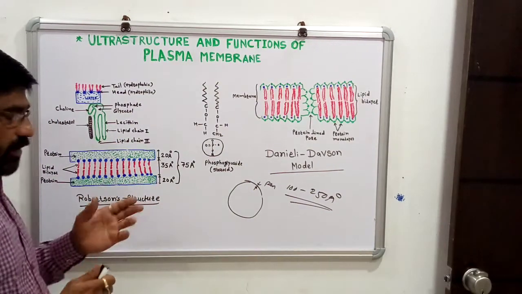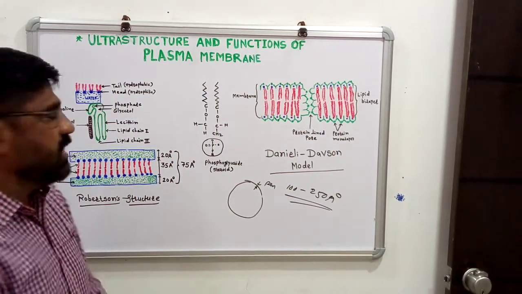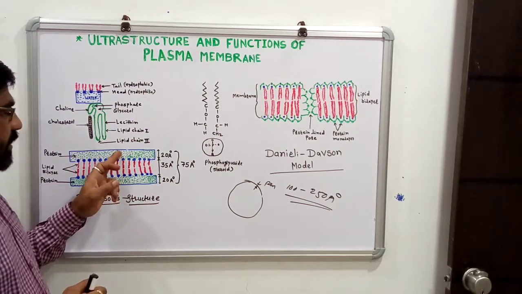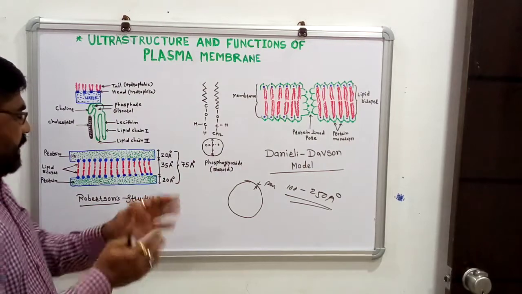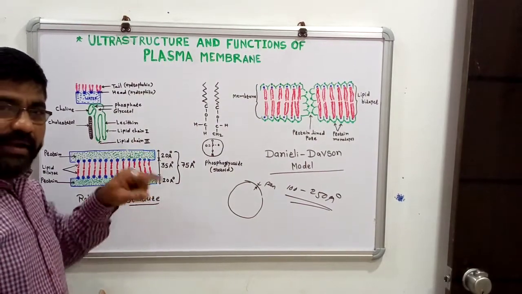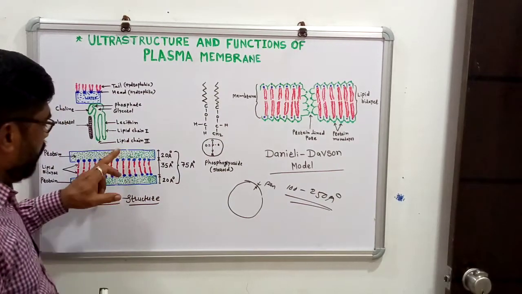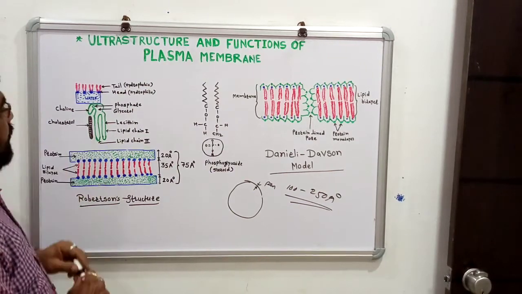After the studies of Danielli and Davson as well as Robertson, they proposed the trilaminar structure: one monolayer at the exterior and one monolayer at the inner margin of the cell, and in between them the head and tail regions of the glycolipids.